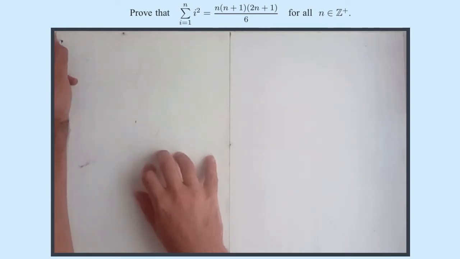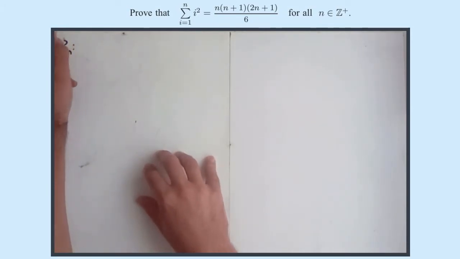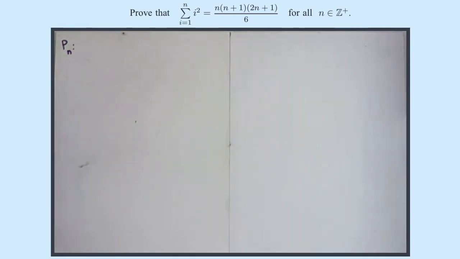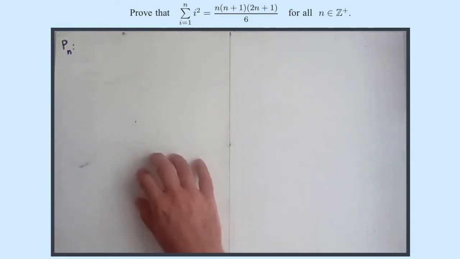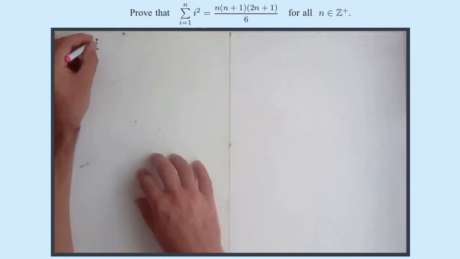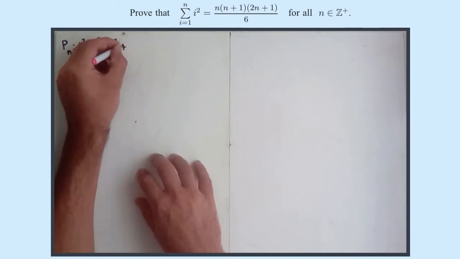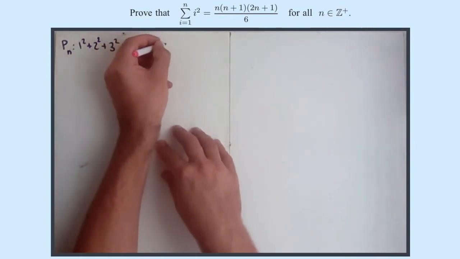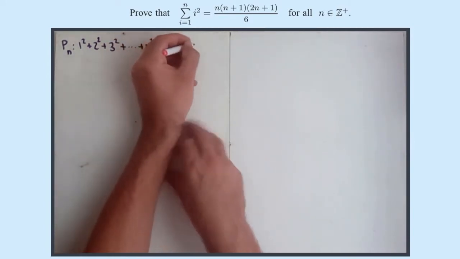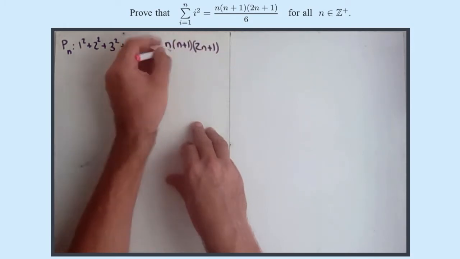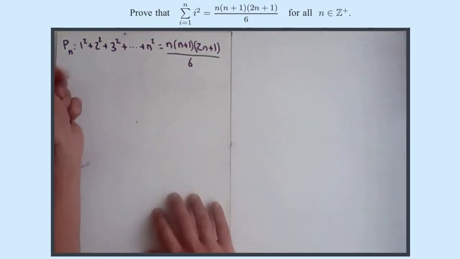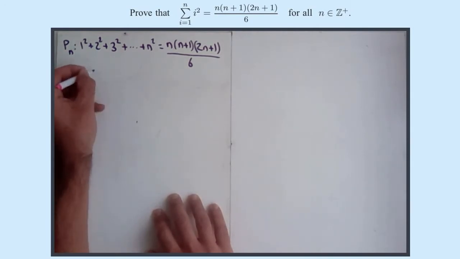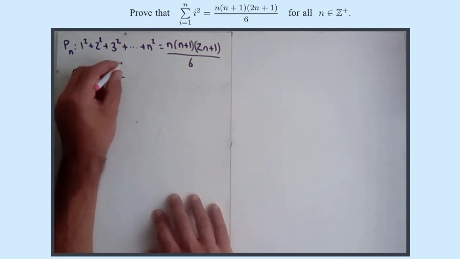So the proposition we're trying to prove, Pn, which is, now I'm not going to write it in the series notation, I'm going to write it in interpreted series notation: 1 squared plus 2 squared plus 3 squared plus dot dot dot, all the way up to n squared, equals n times (n plus 1) times (2n plus 1), all of that over 6, for all positive integers n.